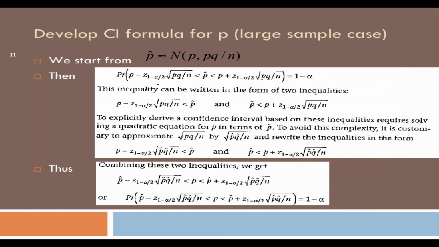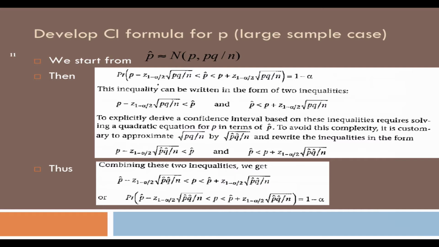So here actually, remember, in the population mean situation, we use S to substitute sigma, but the price that we paid is we need to use T distribution instead of normal distribution. So we need to put T here instead of Z here. Here, we actually didn't pay that price.